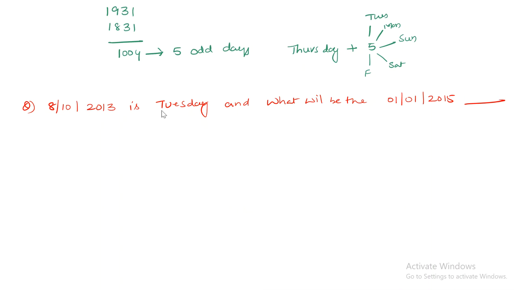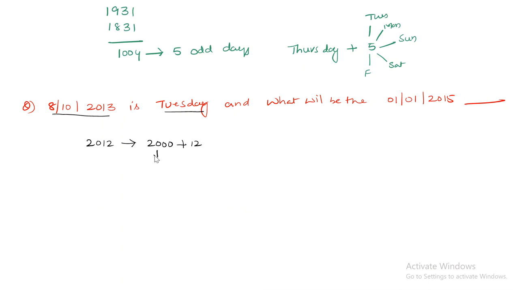Because you have to confirm it as per your procedure. So first what you will do is, I will take the same calculations and try to check whether this is the same day or not. So first 2013 is there, so I will take the previous year 2012. I am going to write it as 2000 plus 12.